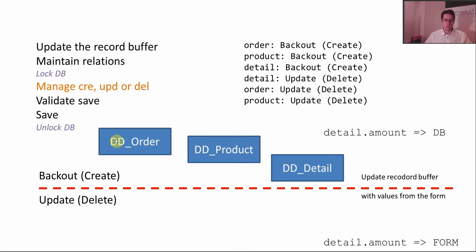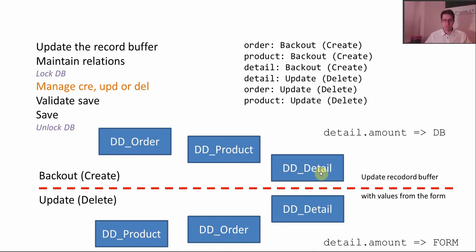So first you run the order, product and detail, and then the detail, order and product, when you have the new values. And that's why, in the last video, we did a delete where we removed the amount on the line completely. Even when we did a change, we removed the amount, and then we added the new amount to keep the total in balance.